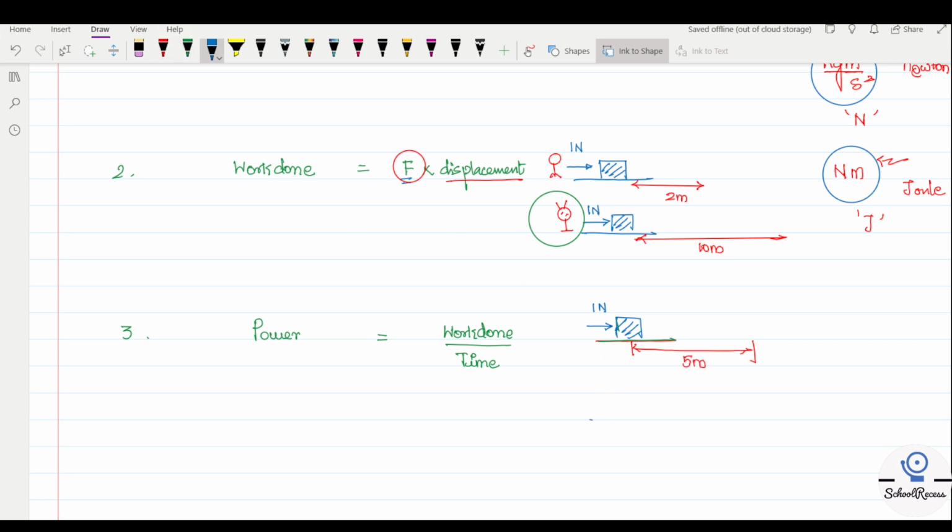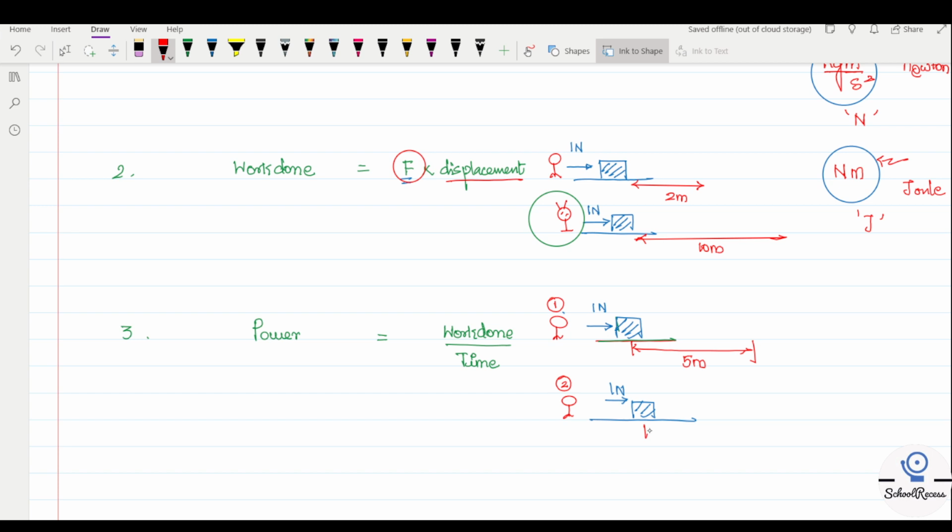Now we assume that we are having two blocks. Again the same 1 Newton of force is given. Person one is standing over here. He started pushing it. This is number one. Another person who is standing over here is also pushing the same object.